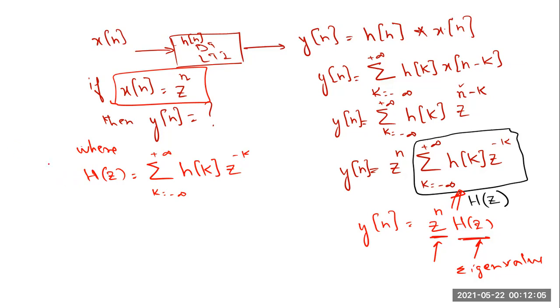Now, what is the usefulness of these complex exponential signals? We will come back to discrete time systems later in this lecture, and also in the next maybe 2 lectures.